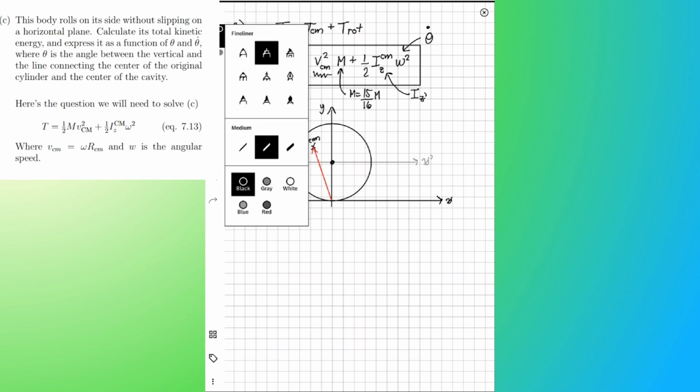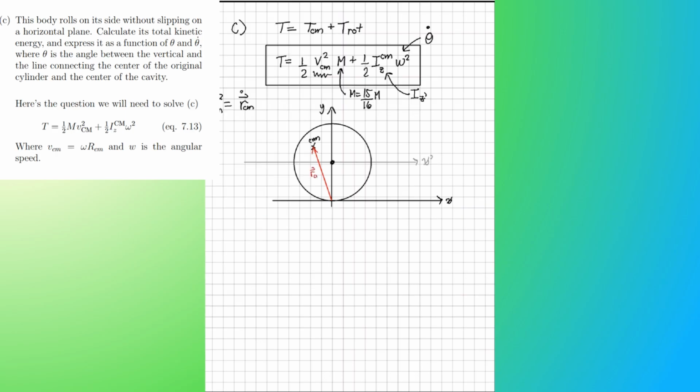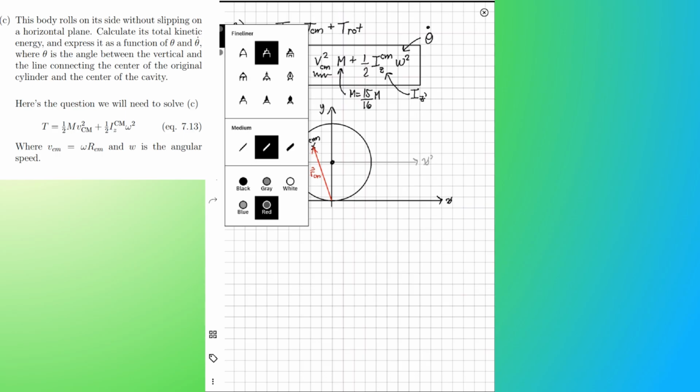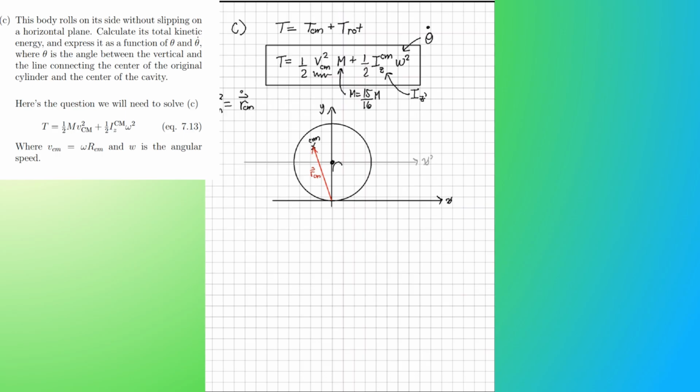So let's draw the vector. It's this one that we're looking for. And let's draw theta. So this is the cavity, about like this. And theta in the problem is this here.